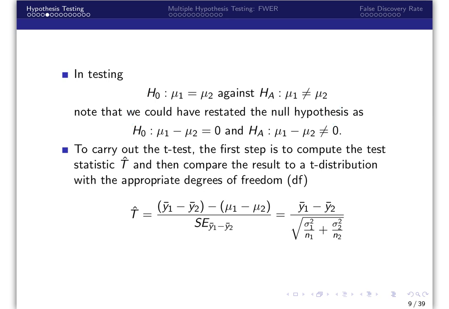The test statistic is then formed by taking the difference in the two group means, subtracting the hypothesized difference, which in this case is 0, and then dividing this quantity by the standard error of the mean difference, which is given by this expression. This test statistic will follow a t-distribution with n minus 2 degrees of freedom, where n is the sample size and 2 degrees of freedom are lost for estimating the two group means.